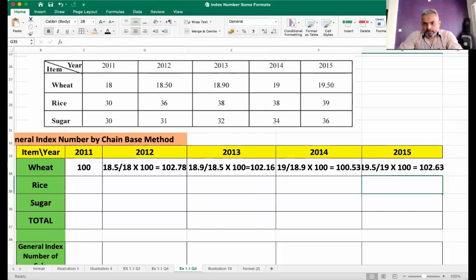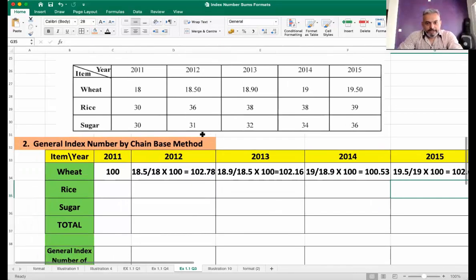Now, as you see, it is a chain-based method. So, like 18.5 by 18, 18.9 by 18.5, 19 divided by 18.9, and 19.5 divided by 19.